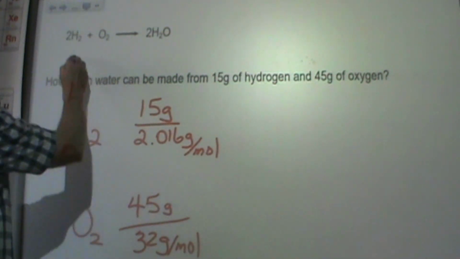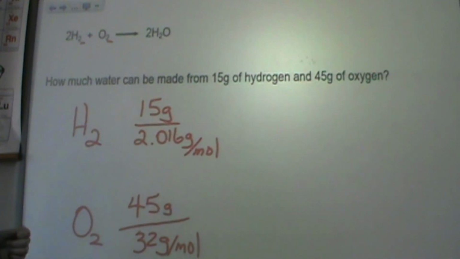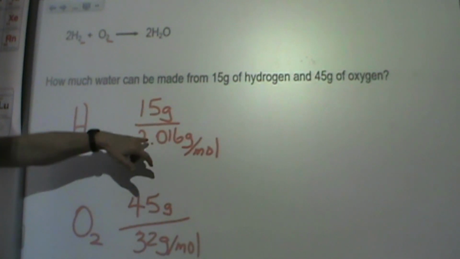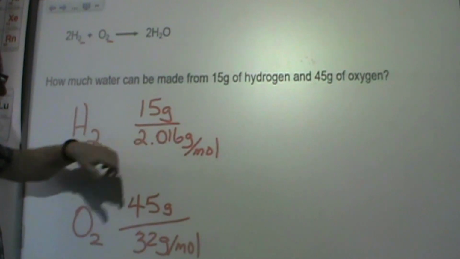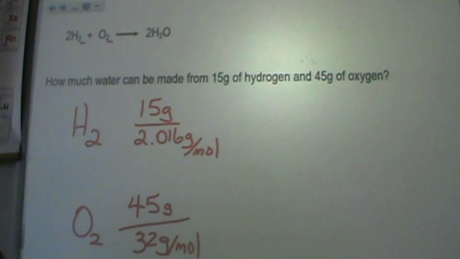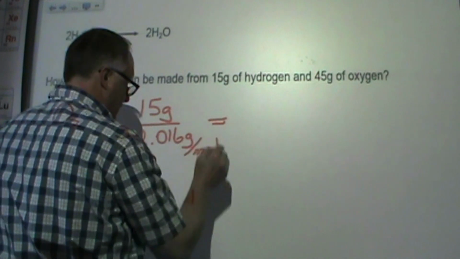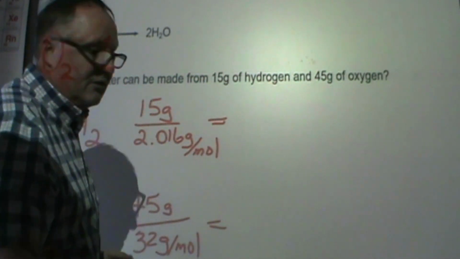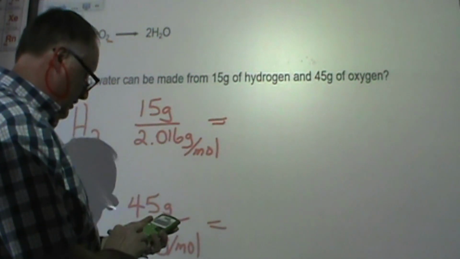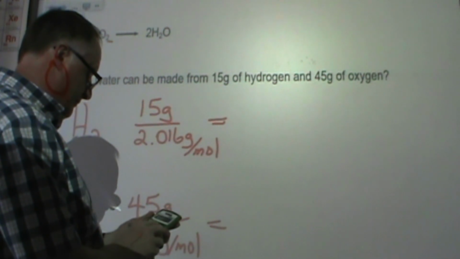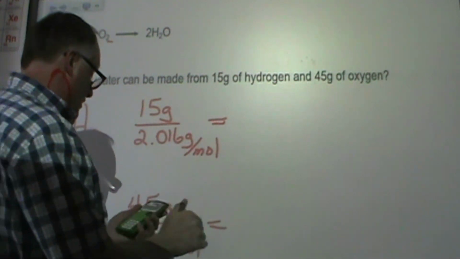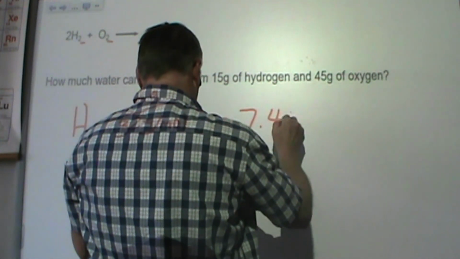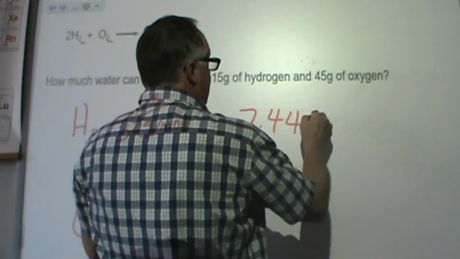Remember that since these are diatomic, they're part of the Magnificent Seven, that we have to use the molecular weight, not the atomic. So it's not 1.008 or 1.01 if you're using the copied sheet, and not 16, but it'll be 32. It's going to be double those. And if I run those numbers quick, I get 7.4405.